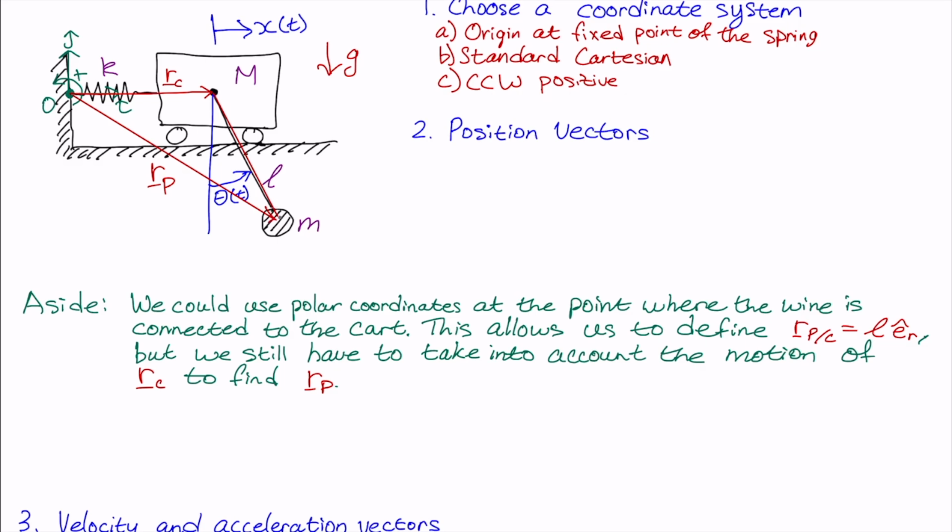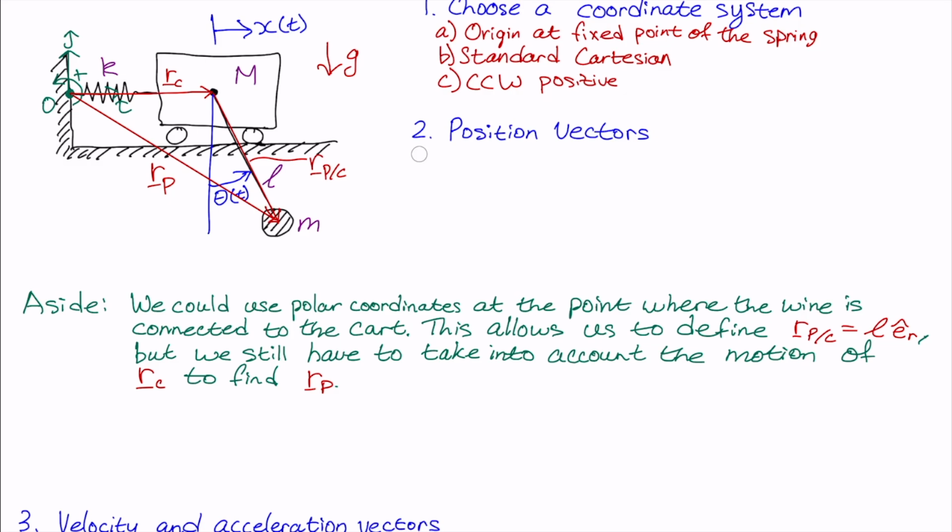Let me correct that location right there. We're going to call this r P/C. So that is the relative position, or the position of the pendulum relative to the cart. That's what r P/C stands for.